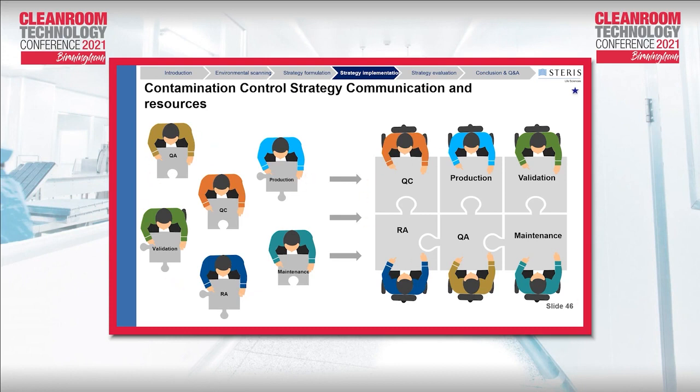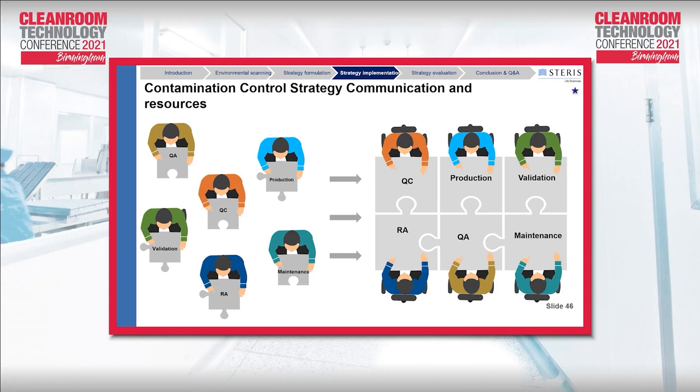Depending on the type of company, you will have different governance bodies, teams, etc. But the goal is really to have a cross-functional team coming from QC, experts in quality risk assessment, for example, production, validation, etc. And the goal is to have a two-way communication where the global team, for example, is giving the vision, giving the direction to go, but also receiving communication from the floor, from the field, about what the sources of contamination are, and if there is a change in the process, how this needs to be evaluated.